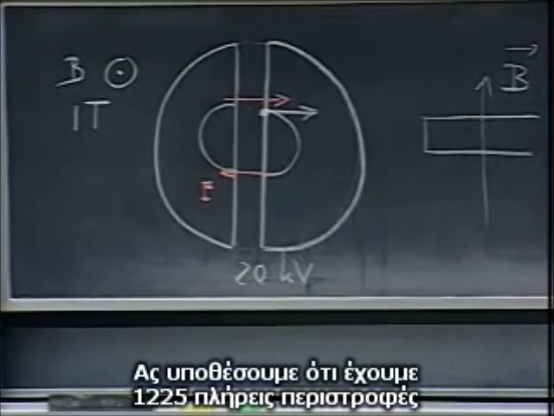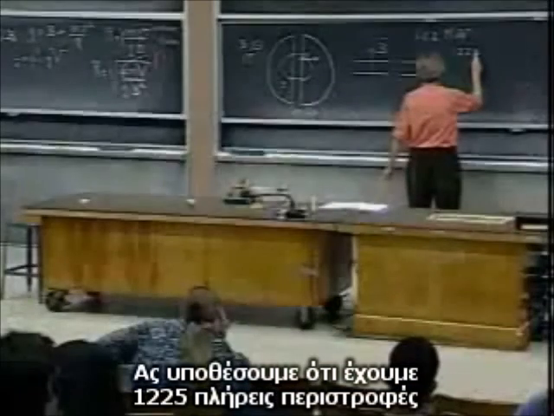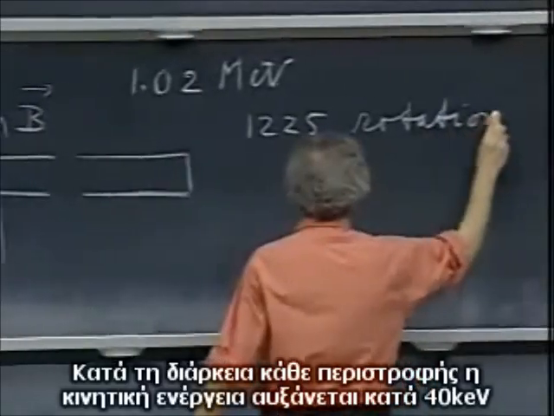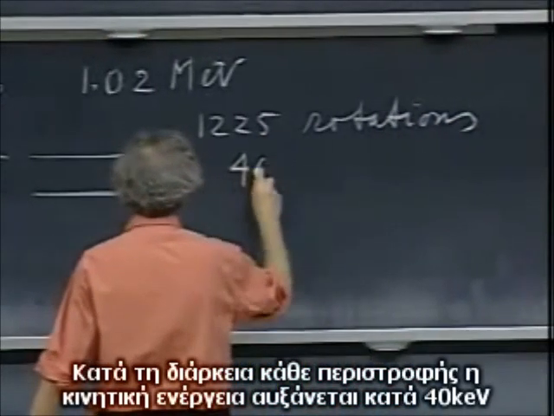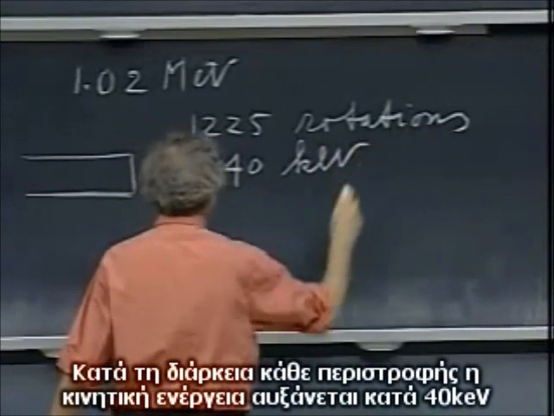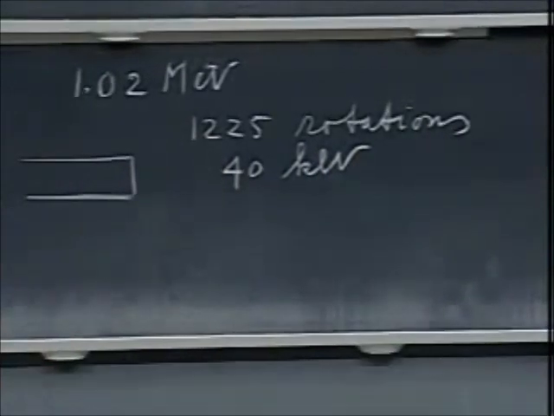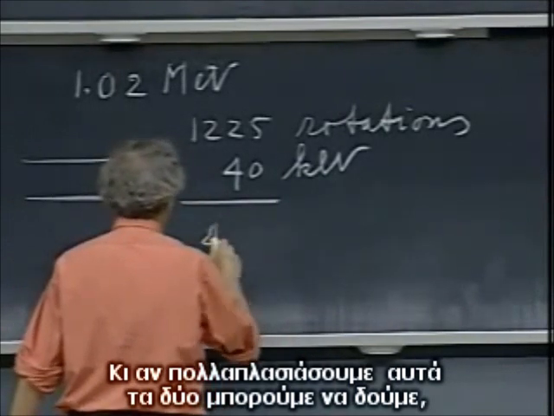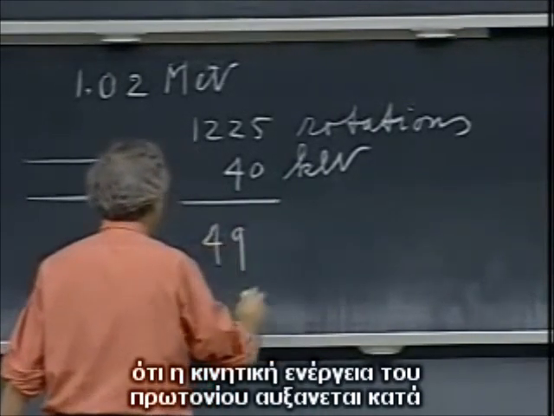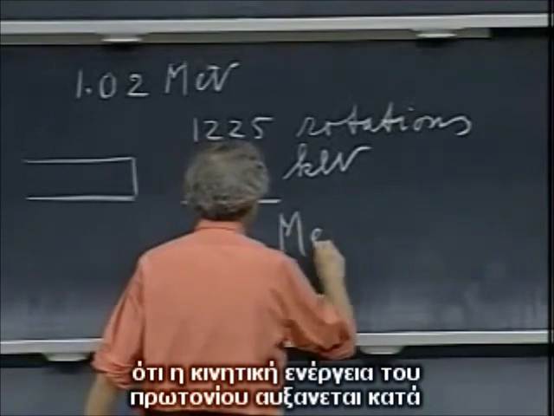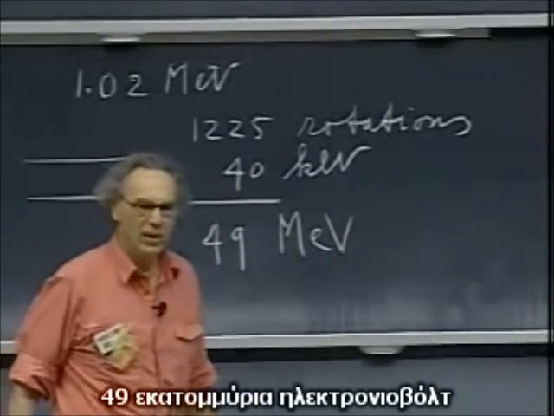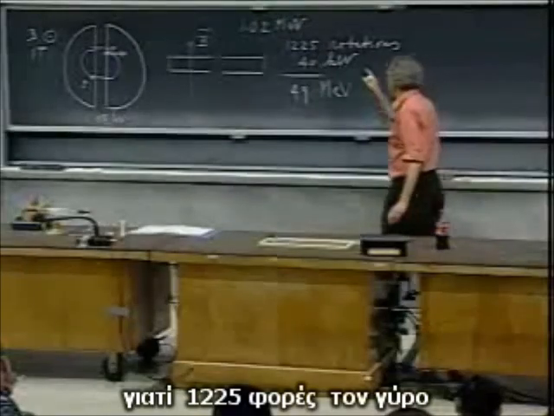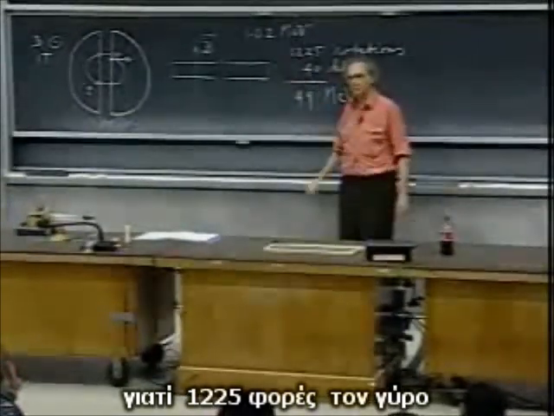So let's assume we go 1,225 full rotations. During each rotation, the kinetic energy increased by 40 keV. And so if you multiply the two, then you see now that the kinetic energy of this proton increased by 49 million electron volts, because it went 1,225 times all the way around.